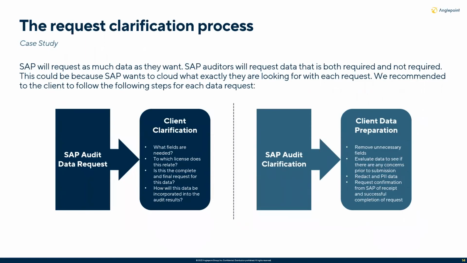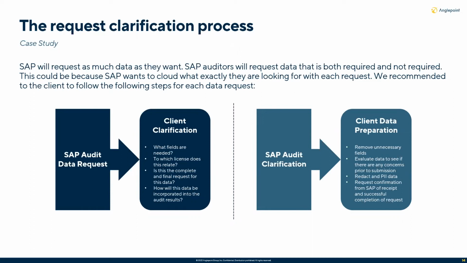The request clarification process. So again, SAP would request it. They would say, well, this is what we need, and so on and so forth. We would then basically, again, we don't just throw it to them and say, hey, here you go, take whatever you need. We wanted to request clarification, like, why do you need the data? What fields are needed?